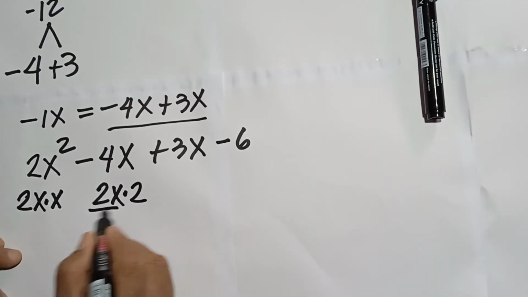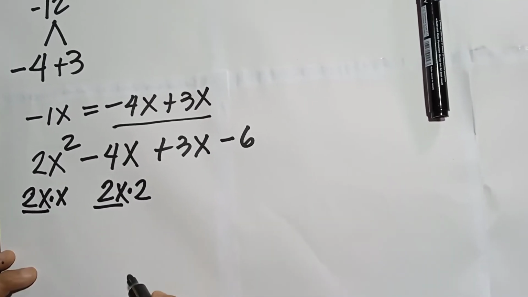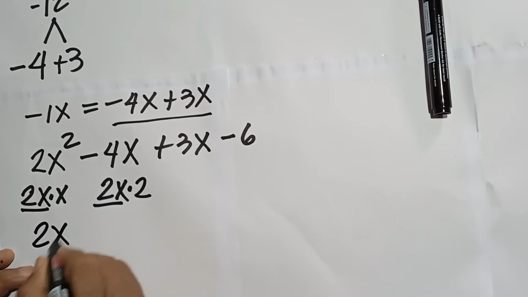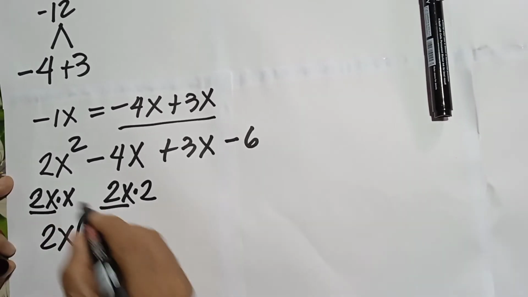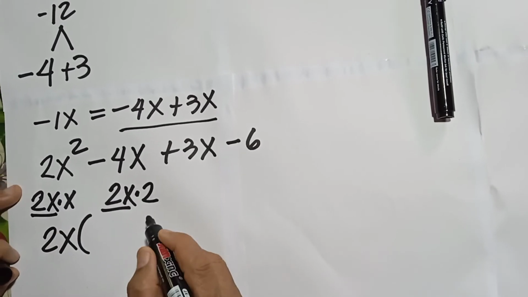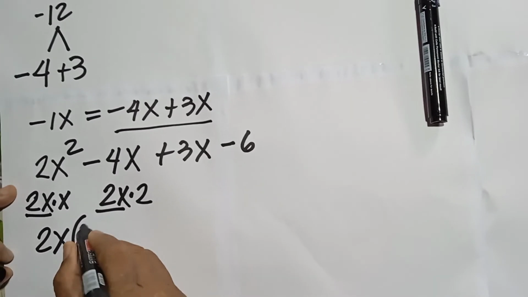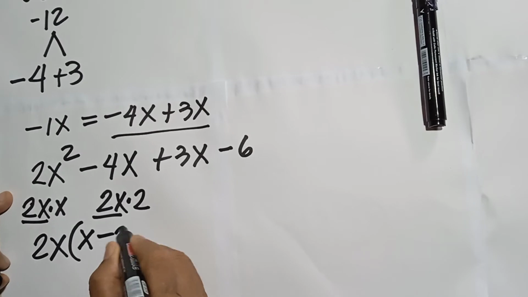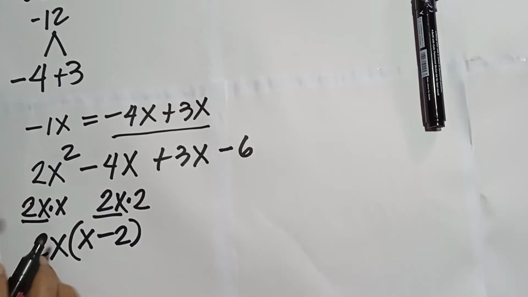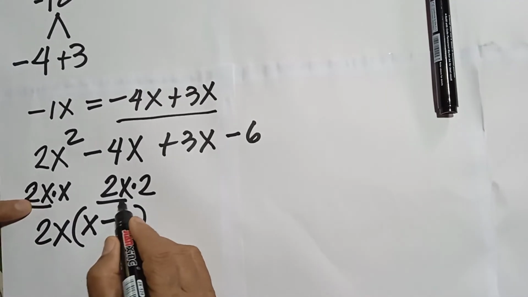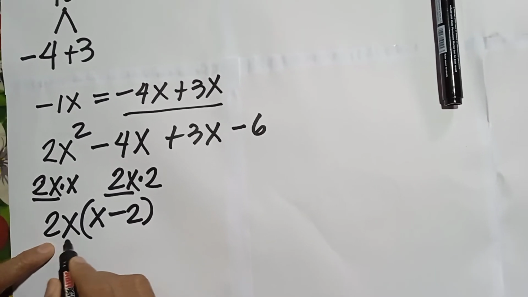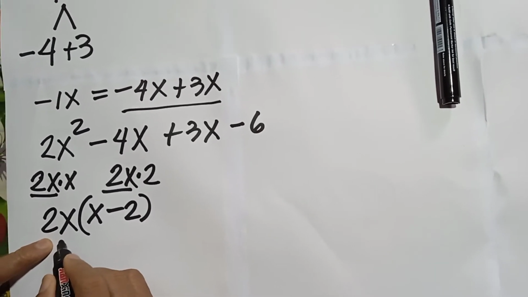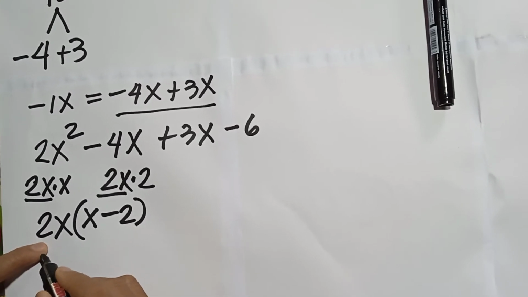We bring out 2x, and inside the parentheses are the terms that remain. So that is x minus 2. This common 2x is the term outside the parentheses. So that is how to factor that.